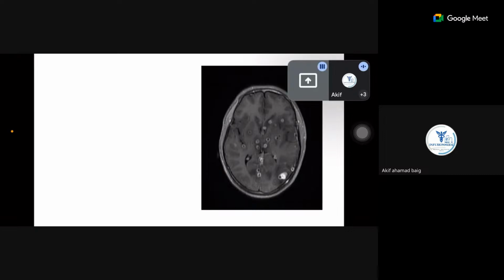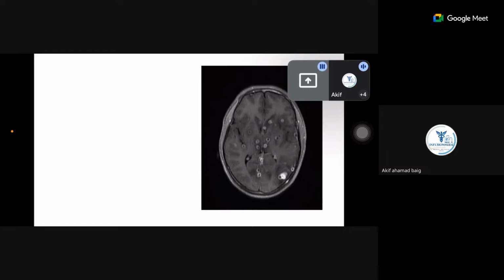Because there are multiple small ring enhancing lesions. What image is this? Because you are saying it is enhancing. It is a T1 contrast image, which is enhancing. These are ring enhancing lesions.